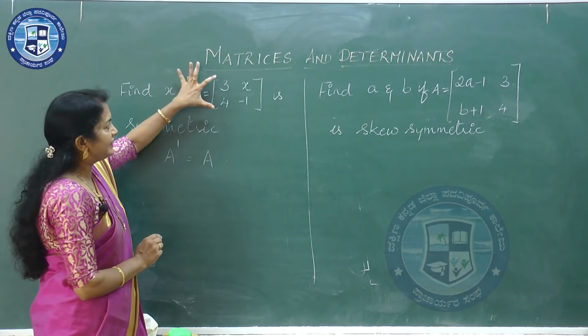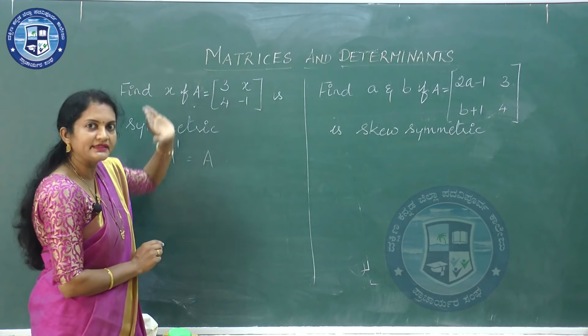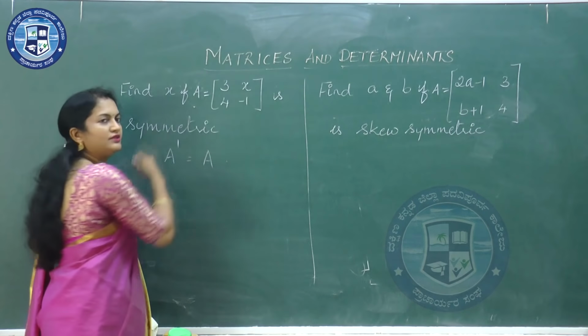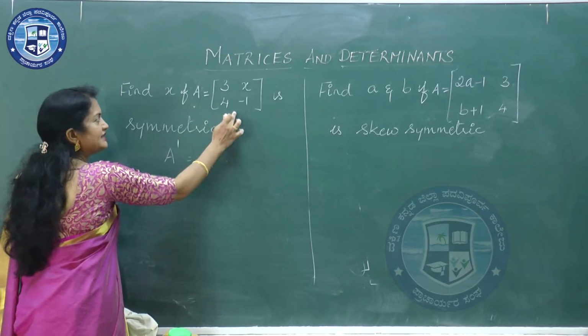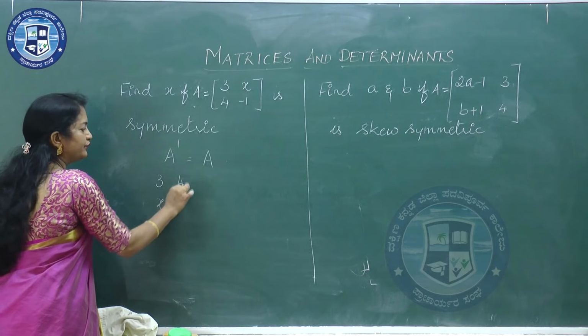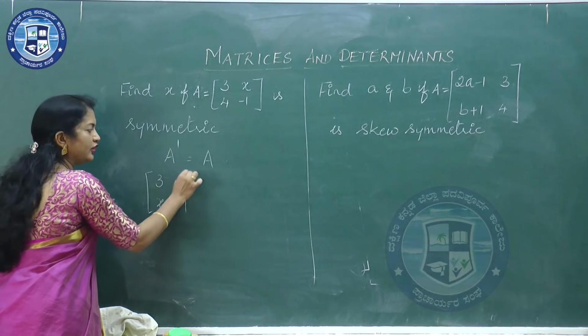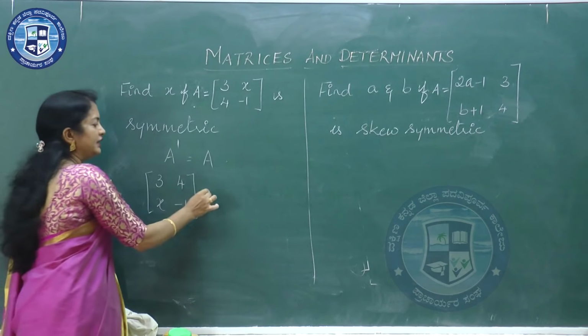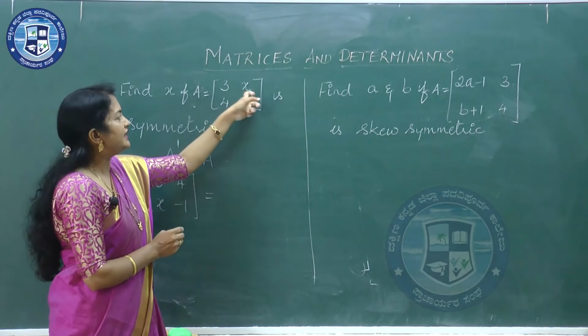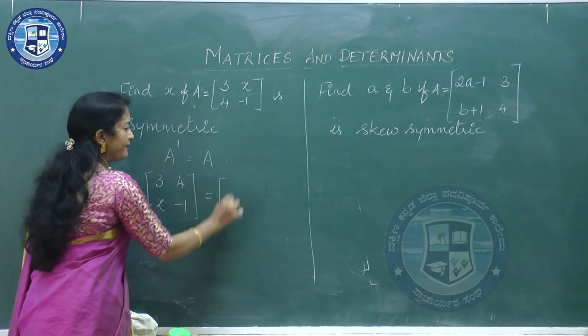Now here they have given that this matrix is symmetric, hence its transpose must be equal to the original matrix. What is the transpose of this matrix? 3, x, 4, minus 1. Rows and columns will be interchanged. That is equal to the original matrix, that is 3, x, 4, minus 1.